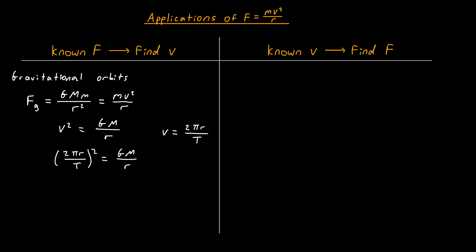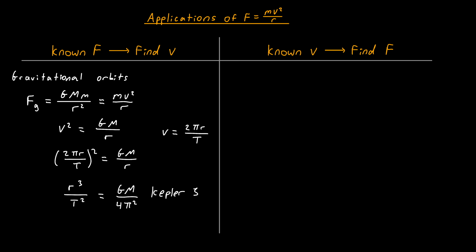Or if we simplify this a little bit, carry some things to other sides, we get the famous relationship that r cubed over T squared is equal to GM over 4 pi squared. And this is actually Kepler's third law of motion, which is a really powerful statement relating the radius of a planet's orbit to the time it takes to complete that orbit, or what we call a year.